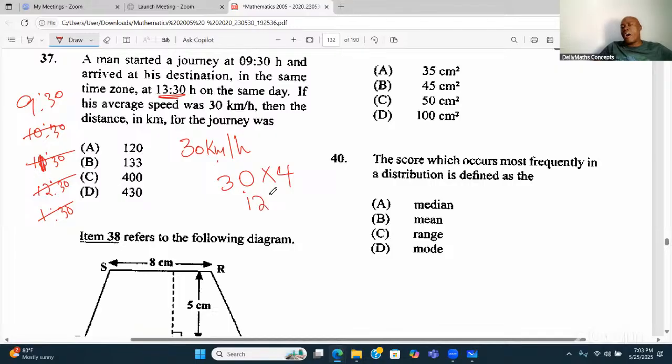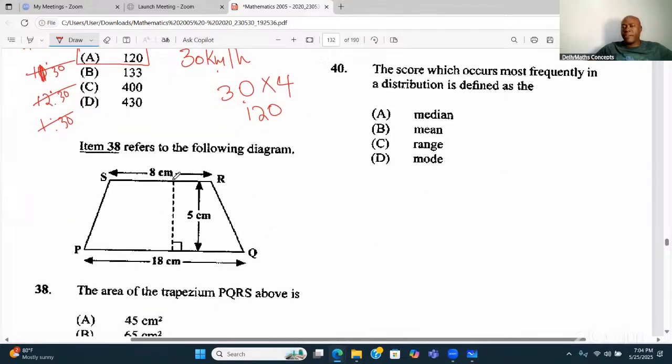This is just ordinarily easing your way. We are able to just easily ease our way without even doing any sort of speed formula. We're just looking at the ratio, 30 kilometers for every hour. So you did 4 hours. So on average, you would have covered 120.